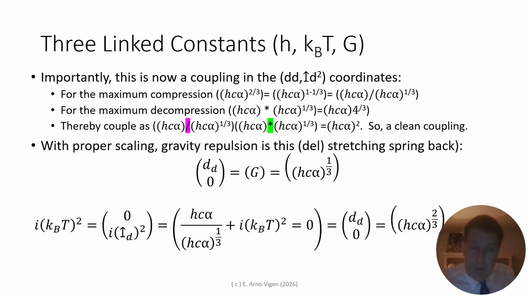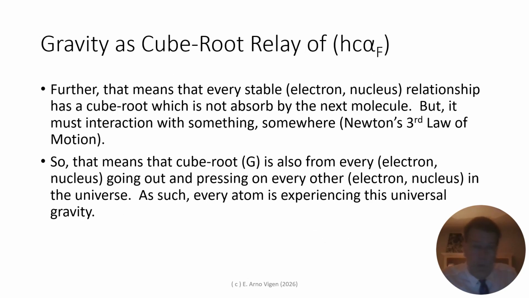In the direct direction, there's this excess G, which is Planck's constant cubed, and in the off-axis direction, there is the 2/3 of Planck's constant that gets relayed to other atoms. And that's why KB is the heat propagation factor, but it is directly related to Planck's constant. So gravity then is the cube root relay of that.